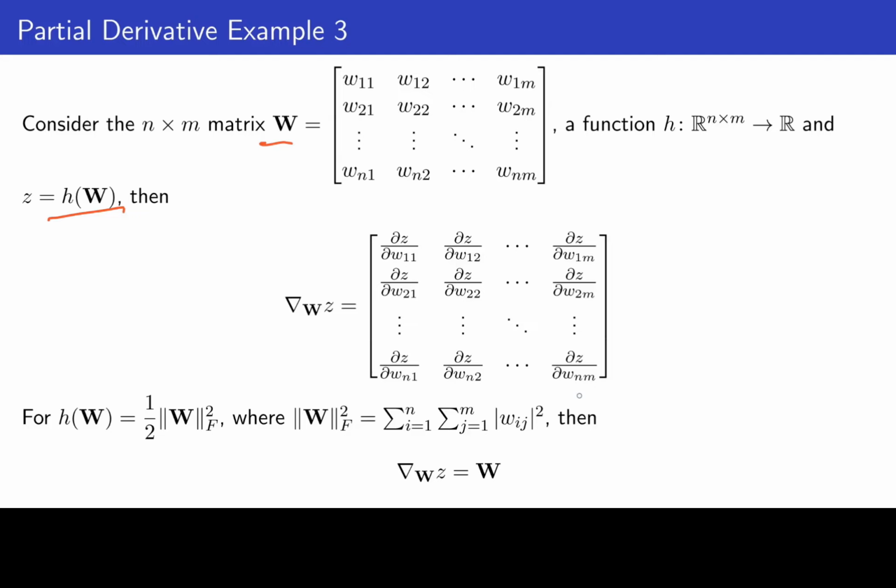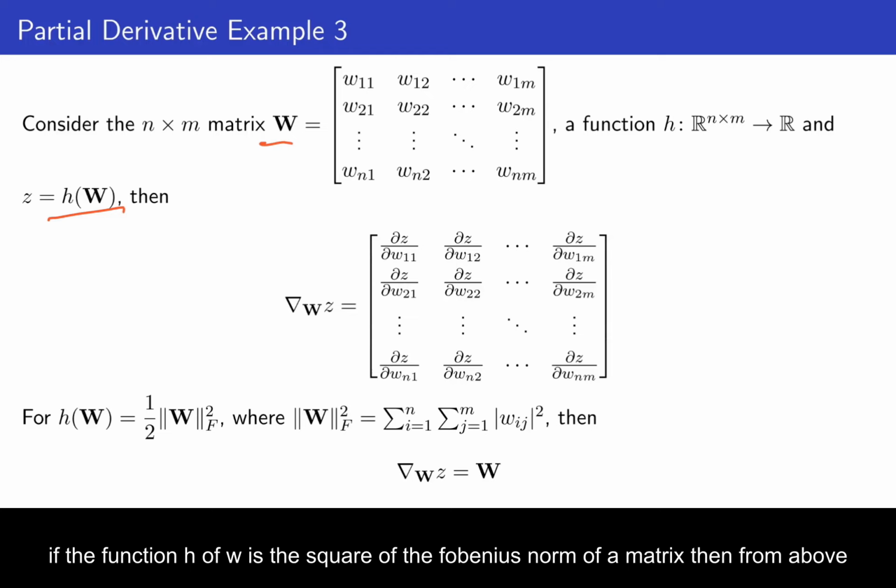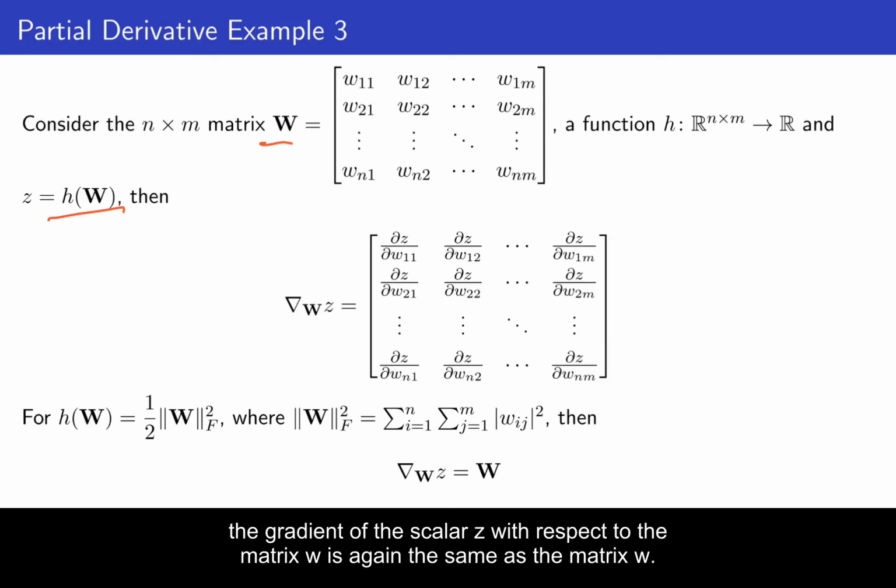Again, for example, if the function h of W is the square of the Frobenius norm of a matrix, then from above, the gradient of the scalar z with respect to the matrix W is again the same as the matrix W.